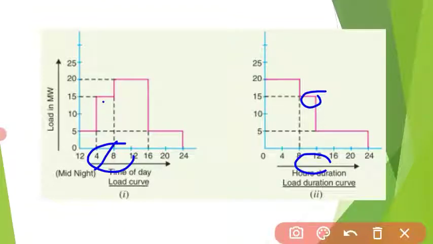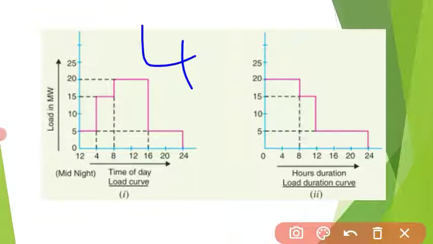And next, if you calculate here, the load between 12 to 4 is 5 megawatt. 12 to 4 means how many hours? 4 hours. And next is 16 to 24. How many hours? 8 hours, correct? 8 plus 4, 12 hours.